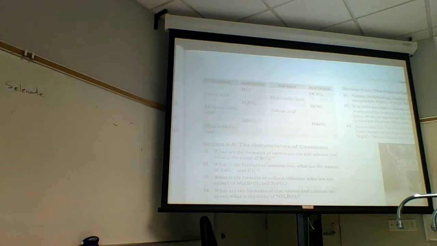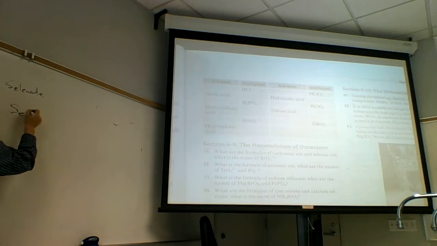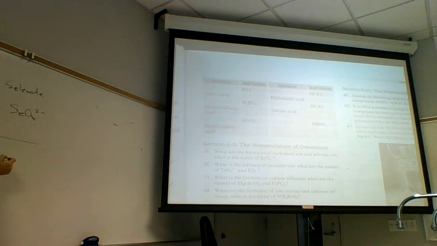Well, if you know silicate, then we know phosphate, we know sulfate. What is sulfate? SO4 2 minus, and then selenate's right below, so it's got to be SeO4 2 minus. And so how many hydrogens do we need? 2. So the formula for selenic acid will be H2SeO4. Selenic acid.